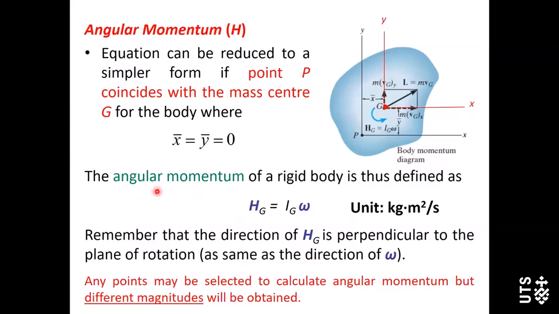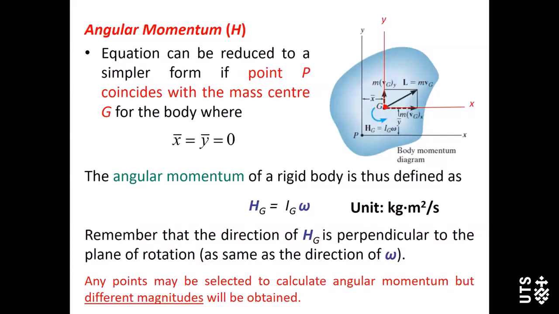The direction of this angular momentum is the same as the direction of omega. Here, please note, any point may be selected for calculating angular momentum of a rigid body, but different magnitudes will be obtained.